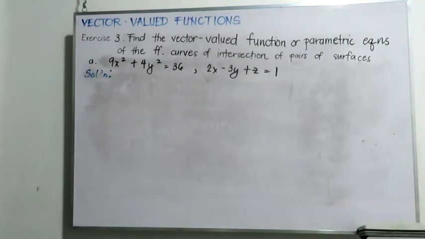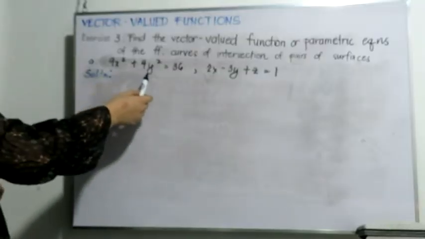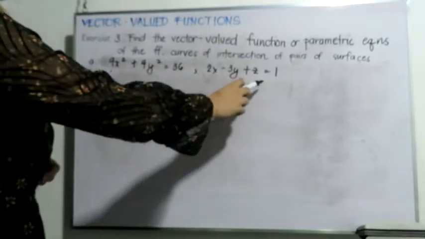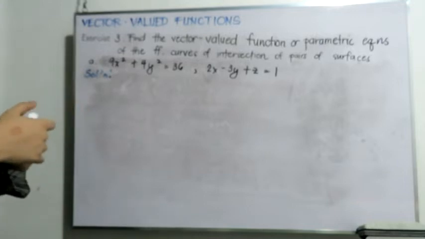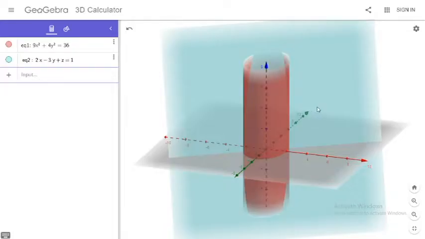Moving on to our next pair of surfaces, we have the circular cylinder 9x squared plus 4y squared equals 36, and the plane 2x minus 3y plus z equals 1. Again, here is the illustration of the curve of intersection of this pair of surfaces.